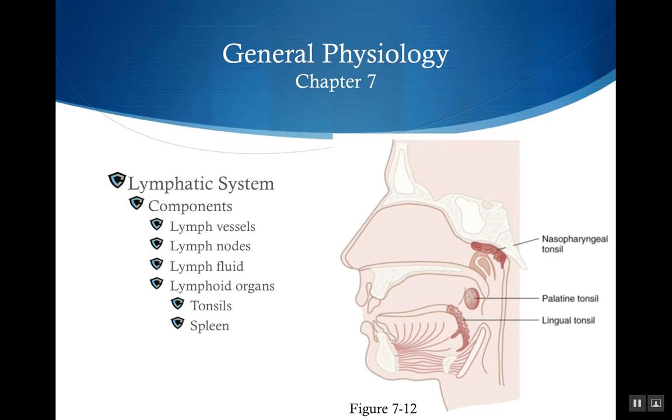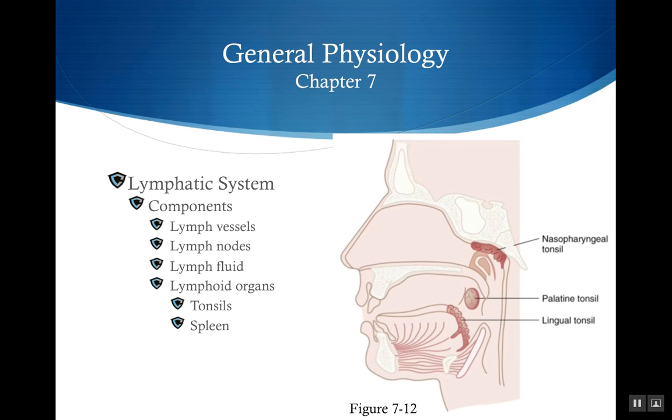There are also lingual tonsils, which you can see here in this figure 7-12, located on the back of the tongue. So the tonsils function to put lymphocytes, or those cells, into the lymph, which is that fluid, to destroy the microorganisms that invade the body. The tonsils can become infected and may even have to be removed.